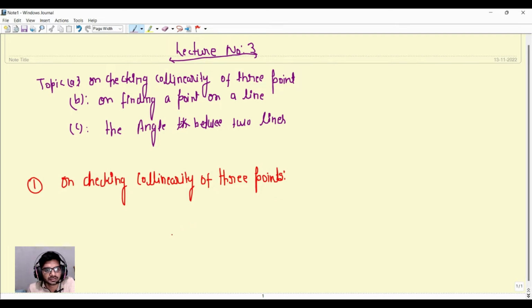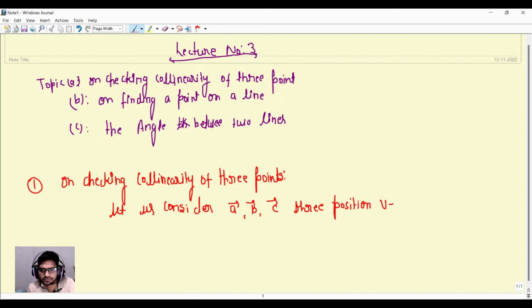Basically, in this there are three position vectors given. Let us consider A, B, and C. Three position vectors are given.